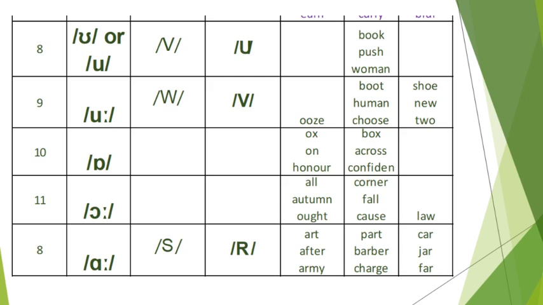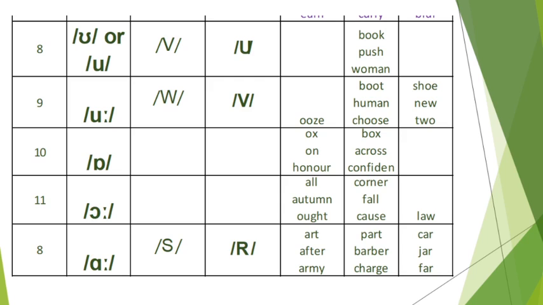Now the next is the same as this, but it is long, so the lips are much more rounded. Oh, like this. This also happens initially, medially, and finally. Few words initially, for example, A-double L, all. Don't say all, say all.